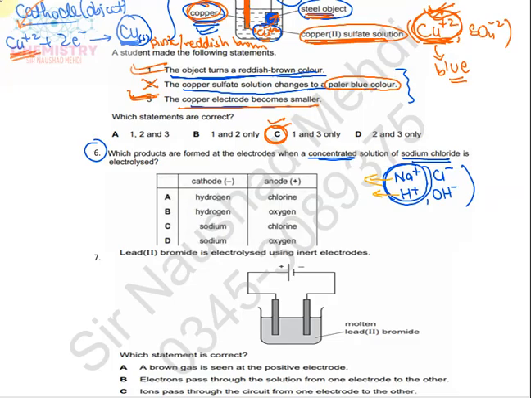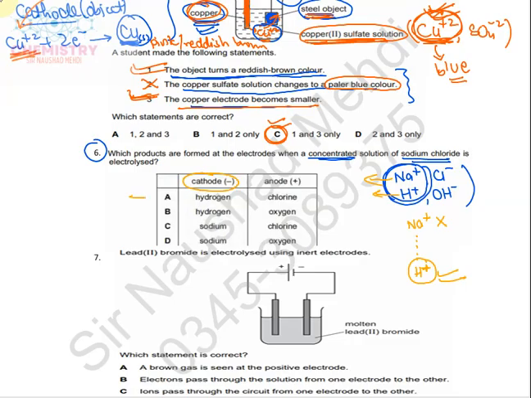The cation which comes below will get discharged. When you look at the reactivity series, the sodium cation is above and the hydrogen ion is at the bottom. So the cation at the bottom position will get discharged, and the ion at the top will not. So hydrogen ion will be discharged, which means hydrogen gas will be produced at the cathode.